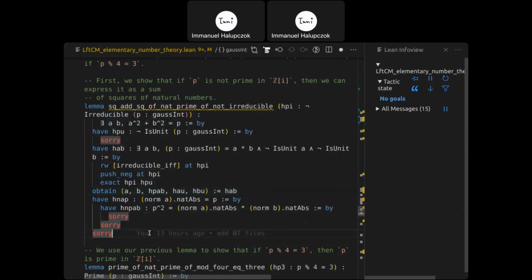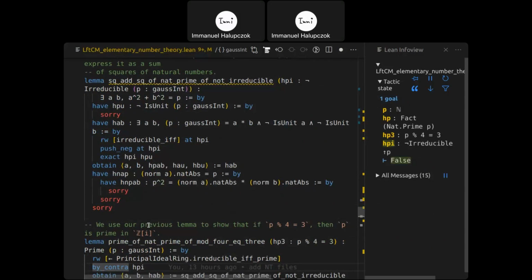Maybe the notation is a bit unfortunate because this a and b is not the same as this a and b, but just be careful with that. So we prove that if p is not irreducible, then p is equal to a squared plus b squared.